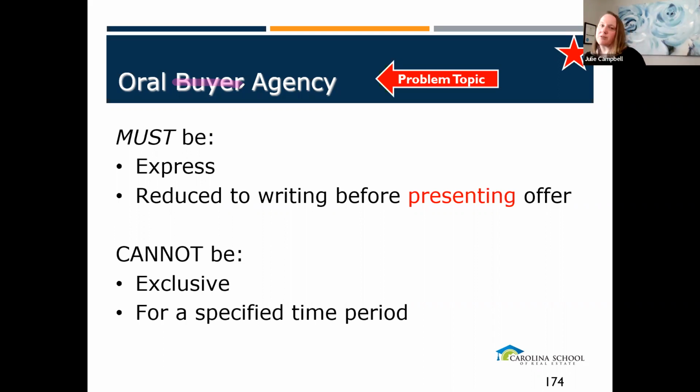So you do your working with real estate agent disclosure. The buyer wants to hire you, but they're not ready to sign an agency agreement yet. Commission rule allows me to proceed under an oral buyer agency agreement. Cover up the word oral real quick. Pretend that word oral doesn't exist. What does this say?